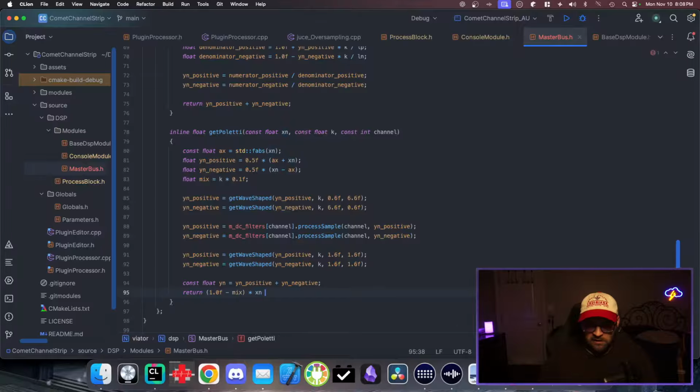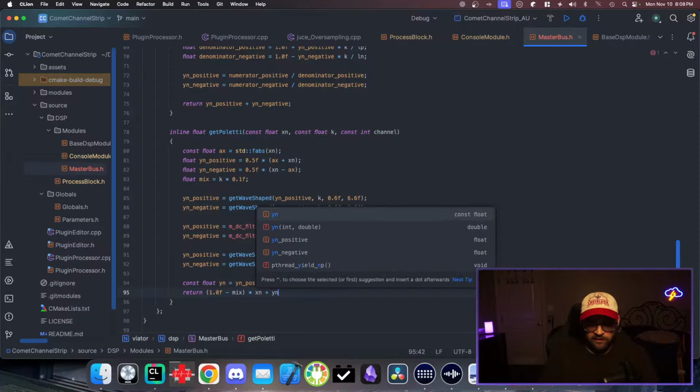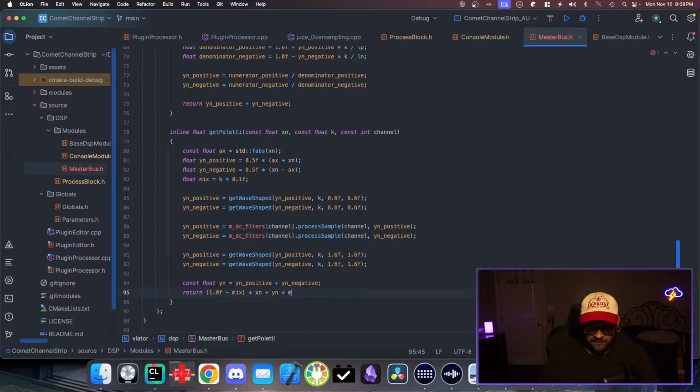And then you're going to add your actual wet input times mix. So when mix is 1, that means 1 minus 1 equals 0, so your dry is going to be all the way silent, and then the opposite. So that should make it more subtle and less of a volume difference. Let's see.